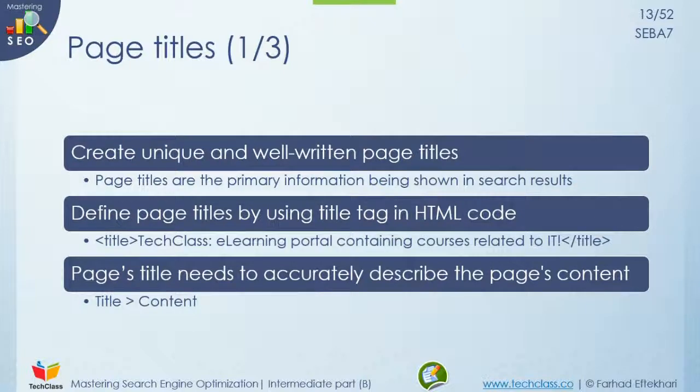And the page title needs to accurately describe the page content. So make sure that you select the title that is relevant to your content. Otherwise, it's going to be a little bit weird for search engines when they're crawling your website, and definitely for users when it's irrelevant.